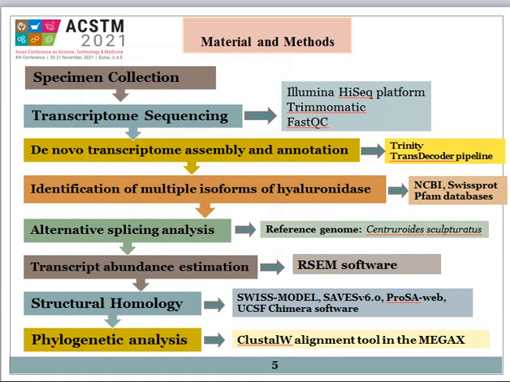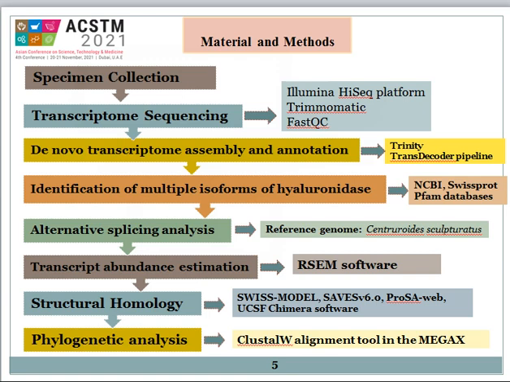After that, the structural homology analysis was also done. For that, the amino acid sequences of hyaluronidase from the two mentioned scorpion species were input to the Swiss-Model online software.